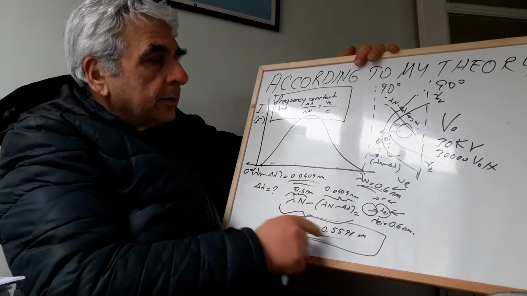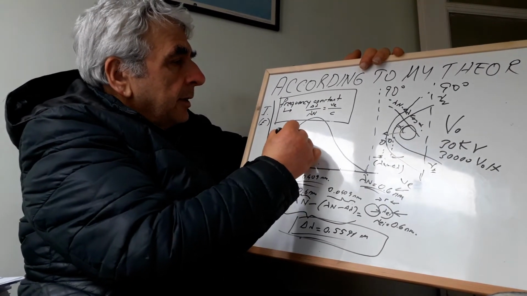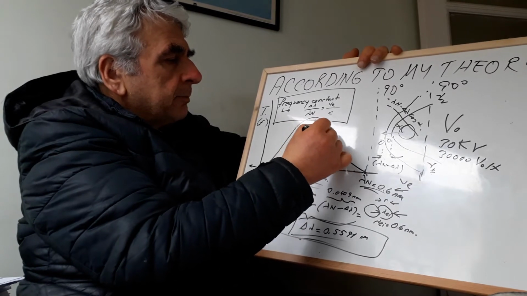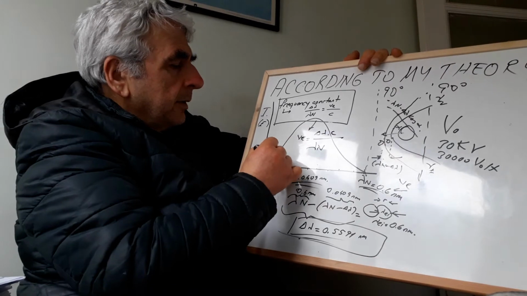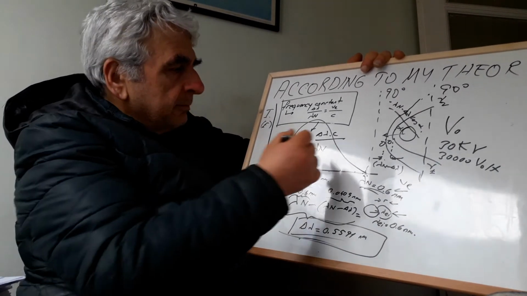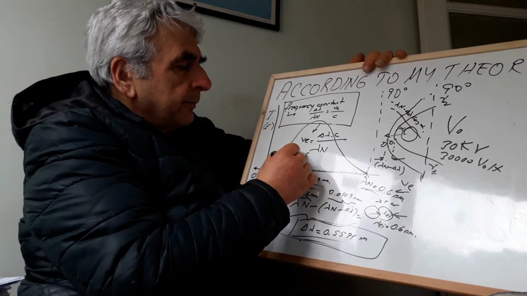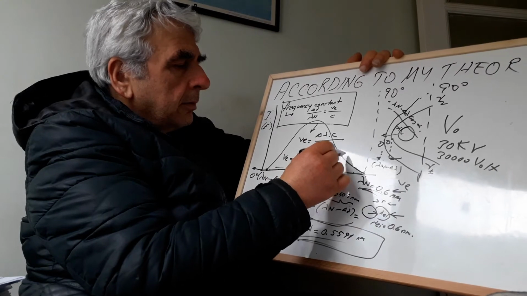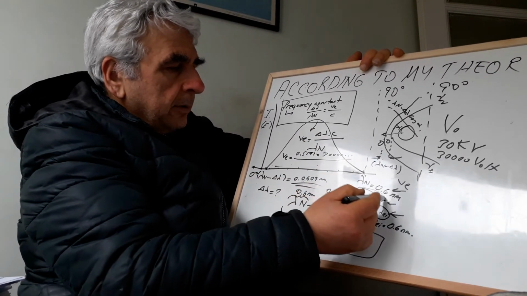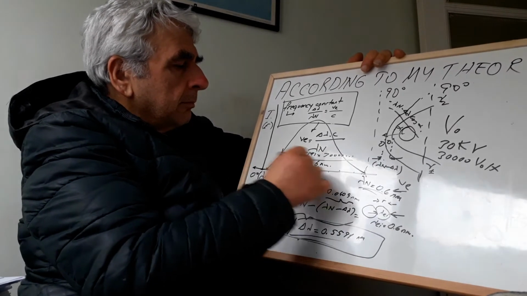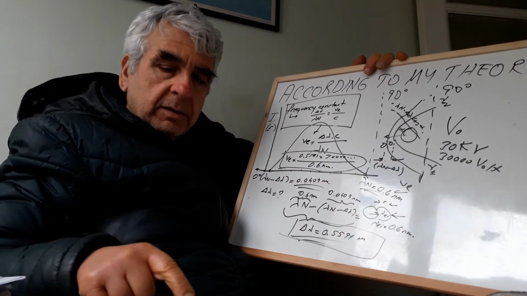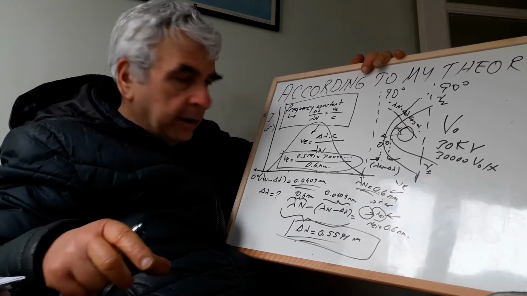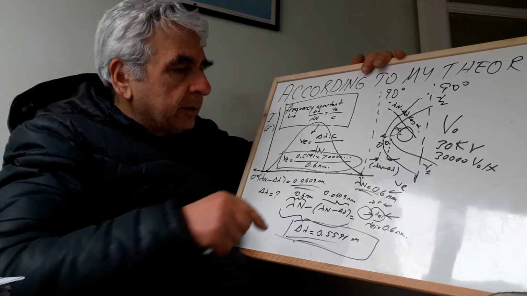Now, we put the quantities in. From here, electron velocity equals delta lambda multiplied by c divided by lambda n, which is 0.5591 multiplied by c divided by 0.6.